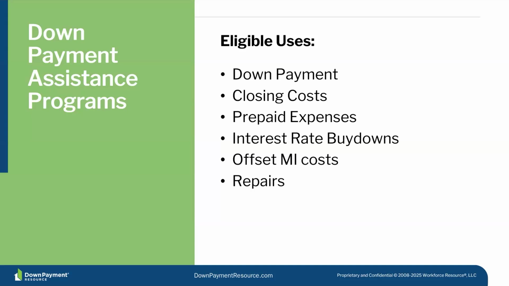And it can also be used for loan principal reductions. Also, more recently, in the last couple of years, we have seen DPA providers starting to allow their funds to be used for temporary or permanent interest rate buydowns, or even to help reduce mortgage insurance costs. And all of these uses end up helping the buyer to reduce the cost of purchasing and financing a home.